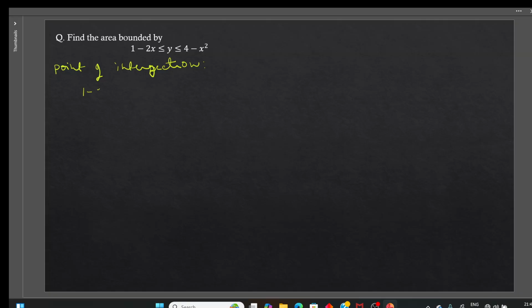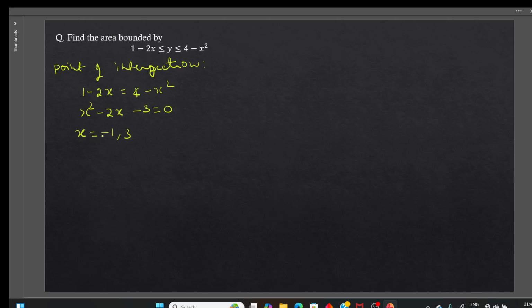So these two are equal to each other. Simplify this, we get x square minus 2x minus 3 is equal to 0. We get one quadratic equation. Using splitting of the middle term, x square minus 2x minus 3 is equal to 0 means x is equal to minus 1 comma 3.